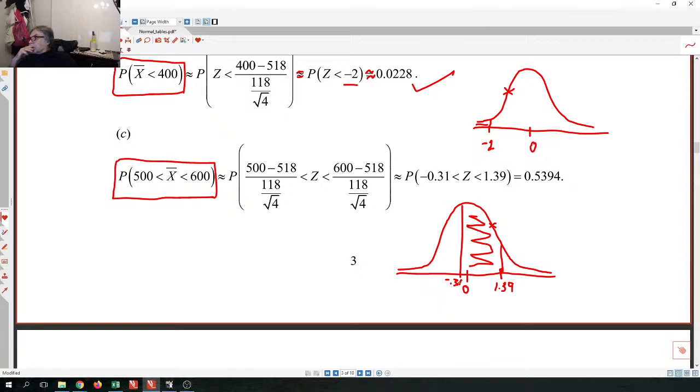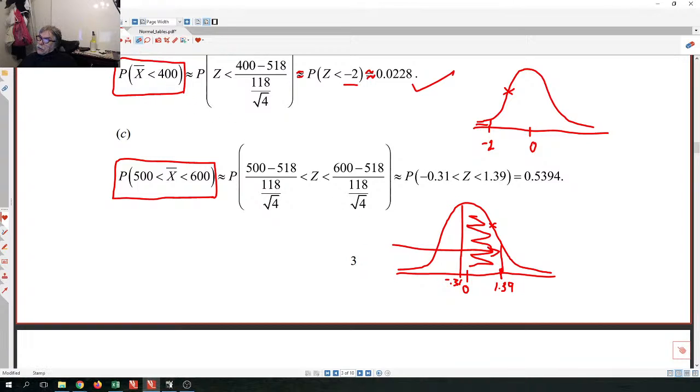So again, the plan here is to find the bigger area and then the smaller area, the bigger area is up to here, the smaller area is up to here, and then to subtract them. Okay, that would be the idea.